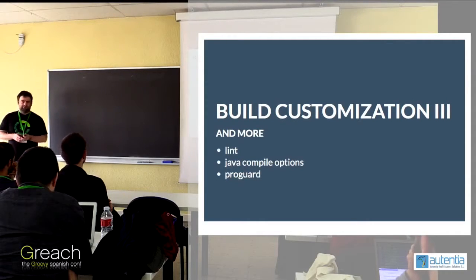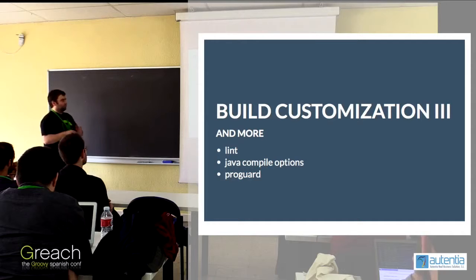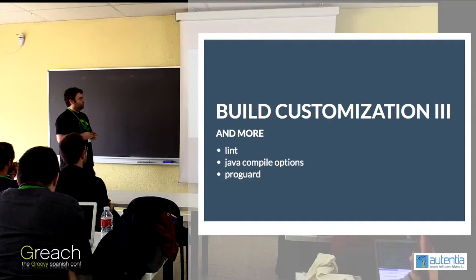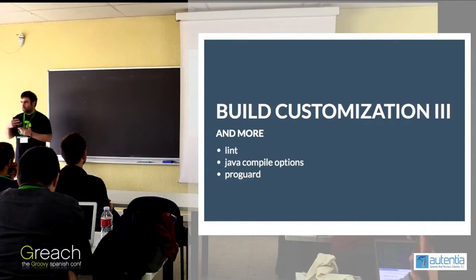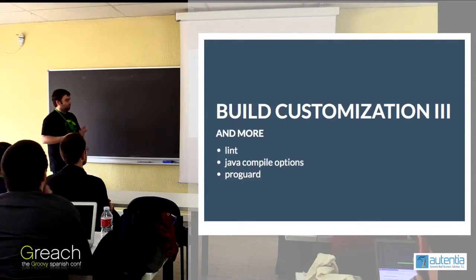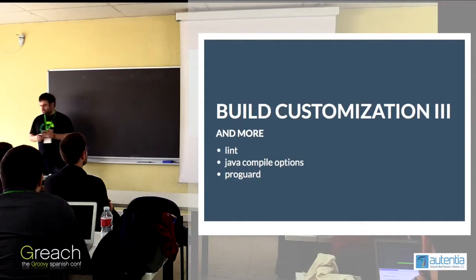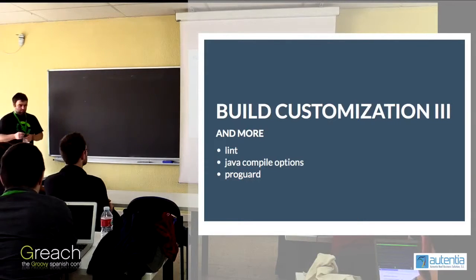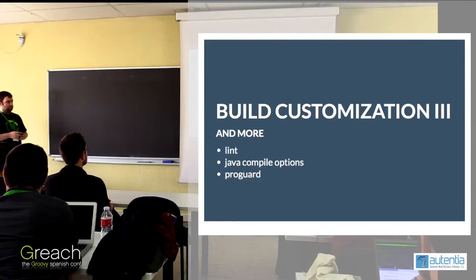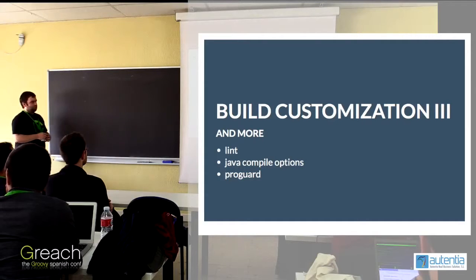There are plenty of more things to configure. I don't want to show everything here. There are options to tweak your lint options, so how your code quality is checked and stuff like this. There are plenty of ProGuard options. If you're an Android developer, I guess you know more about that than me. The Java compile options are not really Android specific.